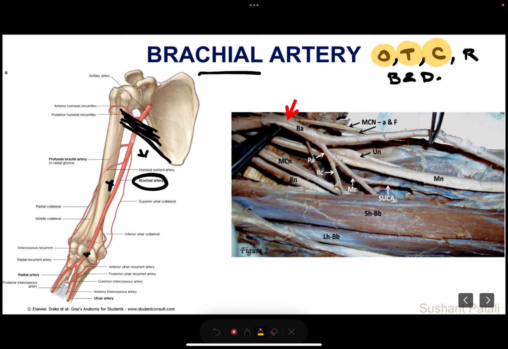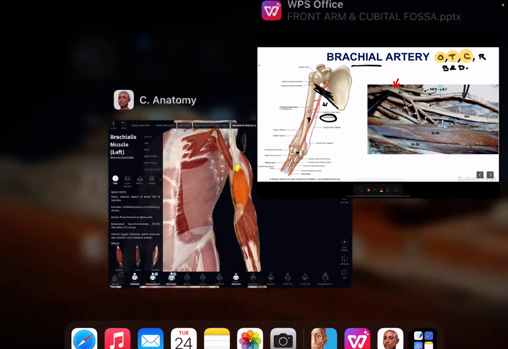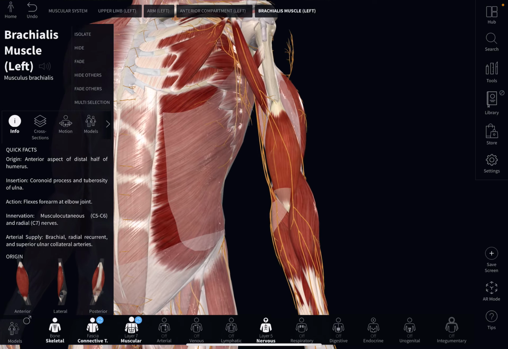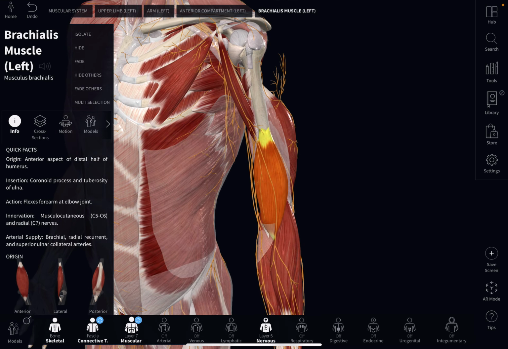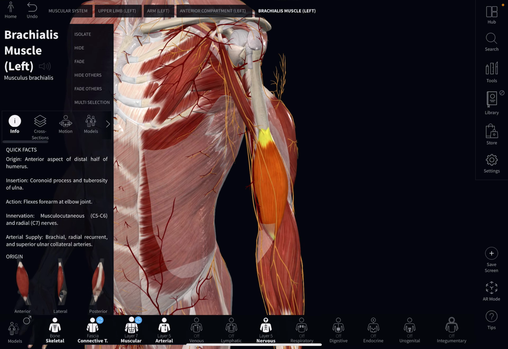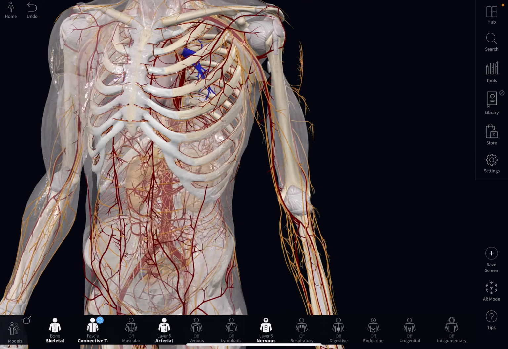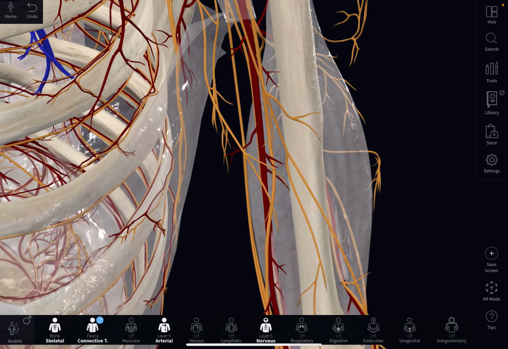Now coming to the relations of the brachial artery. Let me show you the brachial artery here. Let me remove the muscles. So we see the artery here. This is the brachial artery.